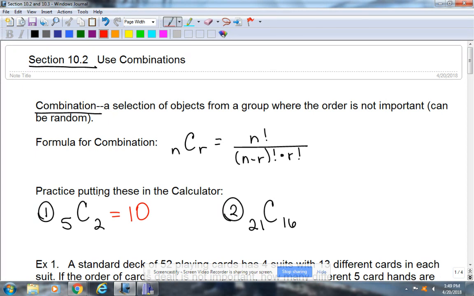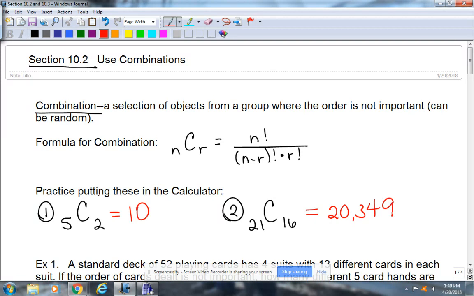I'm going to do it in my other calculator. What'd y'all get? 20,349.